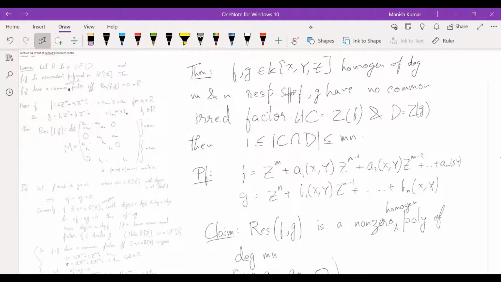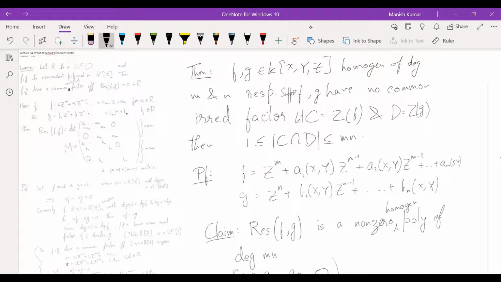Let C be the zero set of f and D the zero set of g. Then the number of points in C intersection D is at least 1 and at most mn. This is slightly more general in the sense that C and D need not be varieties. They may have many irreducible components, but it's constrained in the fact that it doesn't give you equality.